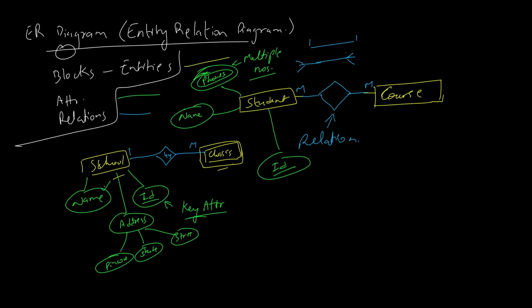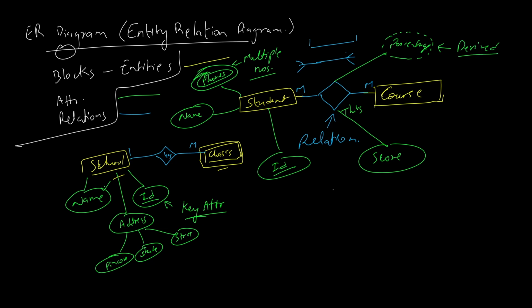Now there's one more. Let's say this relation is the third table that we have. Let's say this relation has an attribute called score, of the students based on the subject, and then there can be an attribute called percentage, which is denoted by a dashed ellipse, known as a derived attribute.